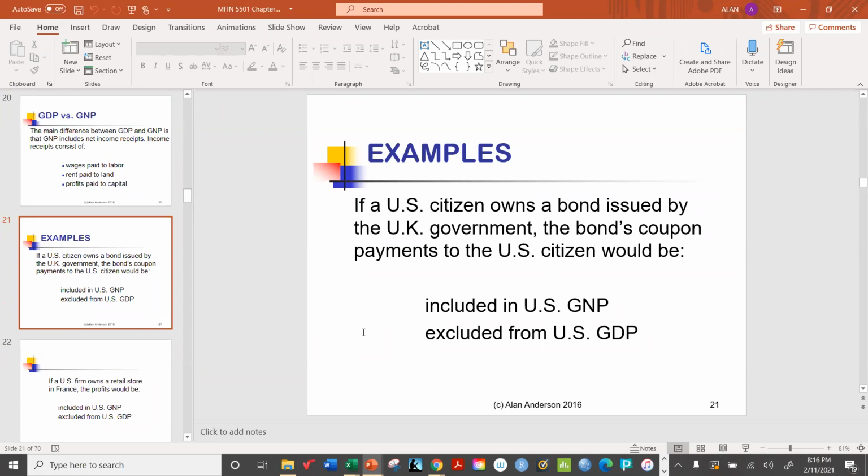In other words, this income was not generated in the borders of the United States. So these sources of income are being counted in GNP but not GDP. And this is what's really driving the difference between the two categories. Those income receipts. This is the primary difference between the two measures.